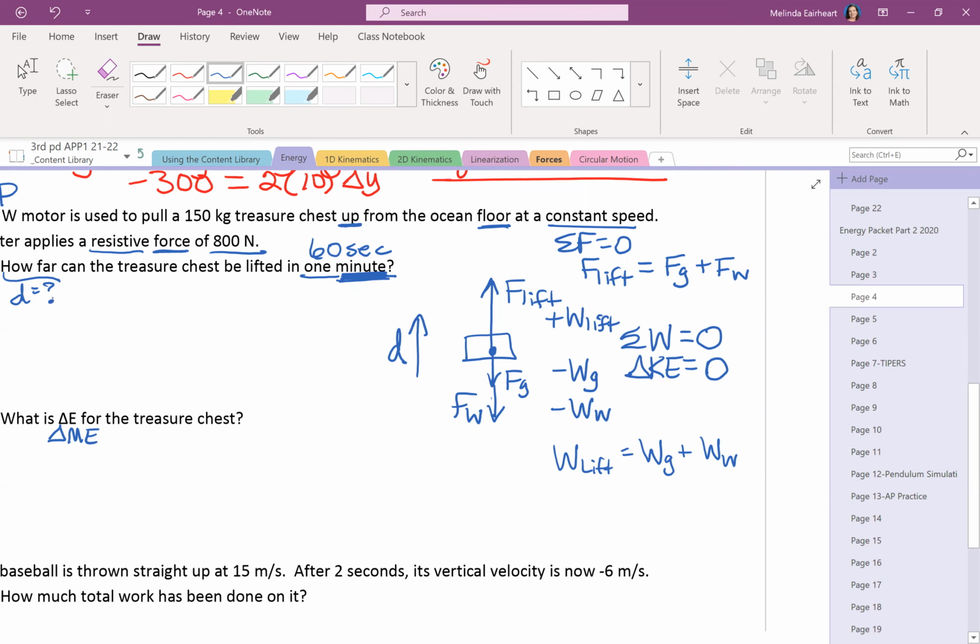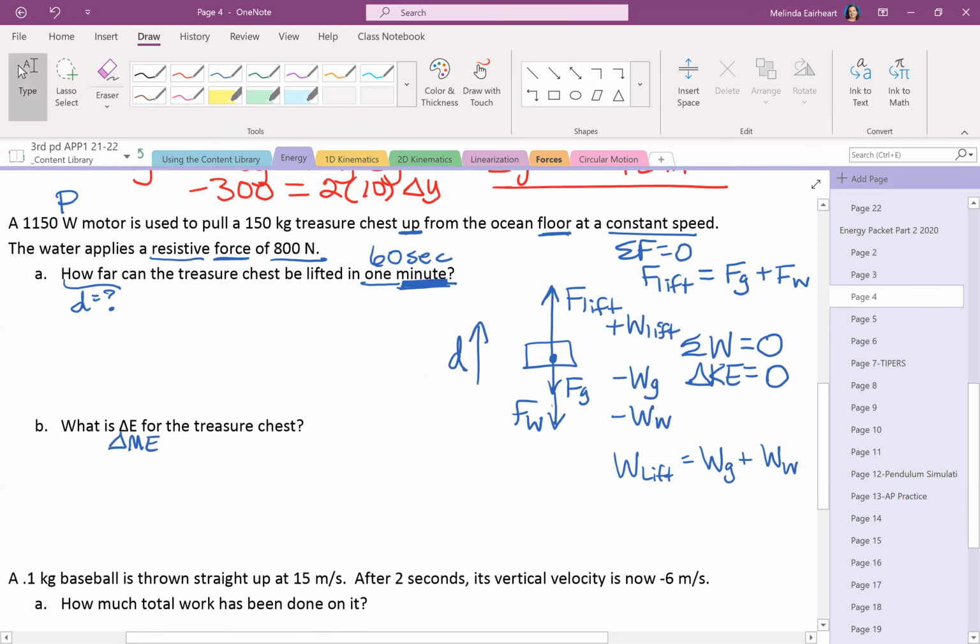Joules per second. How about power? What's our equation for power? Technically, there's two equations that we can use. Work over time. And what can we plug in for work? And by the way, which work are we looking at?